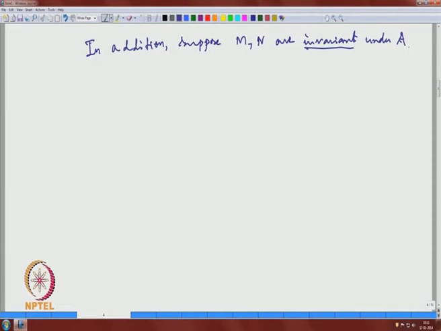So, that is again the definition: you act A on every element of M and again that should be in M, and similarly for N.